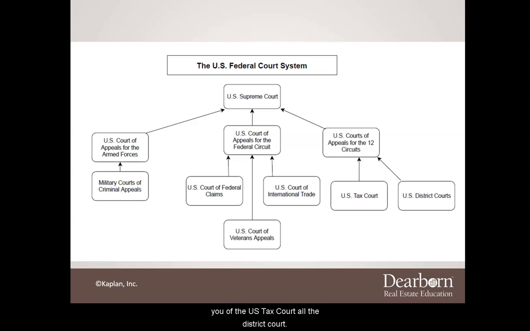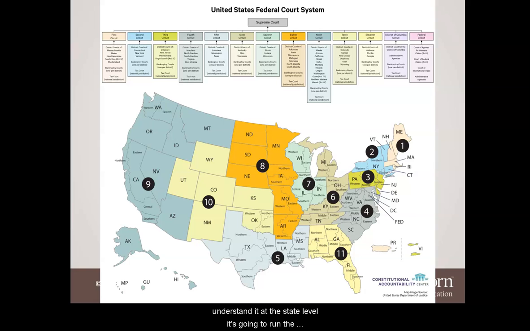You have the U.S. Tax Court, all the district courts, courts of international trade, various other courts. But I want you to imagine the triangle so that you also understand it at the state level. It's going to run the same way, where you have one state Supreme Court in each state, and then you have more courts of appeals, and at the very bottom of the triangle are the trial courts.